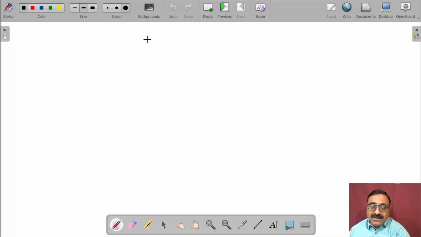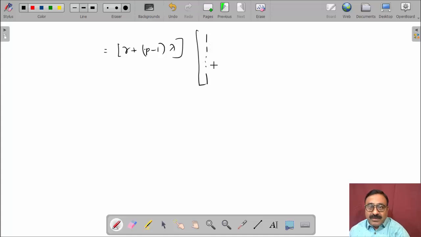We get R plus P minus 1 lambda, then 1, 1, 1 in the first column, the rest of the first row will be 0, and the diagonal entries will be R minus lambda.